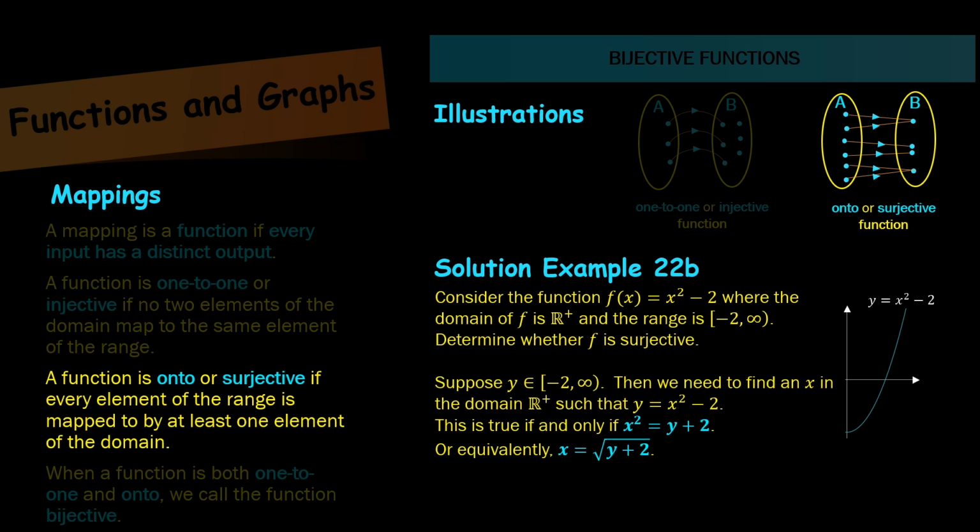Now, since y is greater than or equal to minus 2, we have that y plus 2 is greater than or equal to 0, and therefore we can square root it and get a real answer in the real numbers.